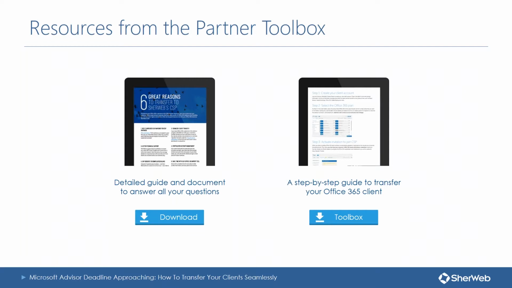You want to add your services on top of this. You want your licenses to be one of the line items of the whole monthly bill that you give to your clients, because otherwise, you're not going to stay in business for very long. Microsoft itself says, don't think you're going to make money just selling Office 365. It's all the other services that you have that are going to make it a profitable business.